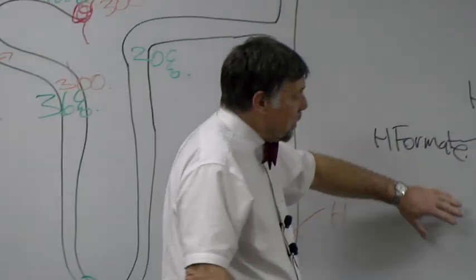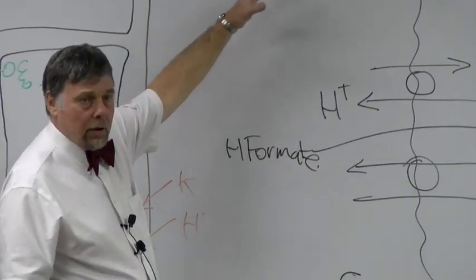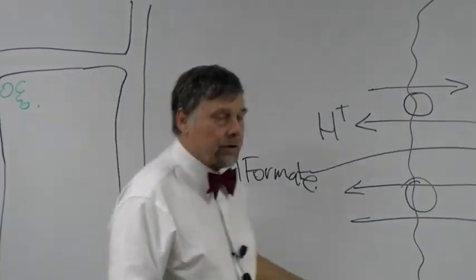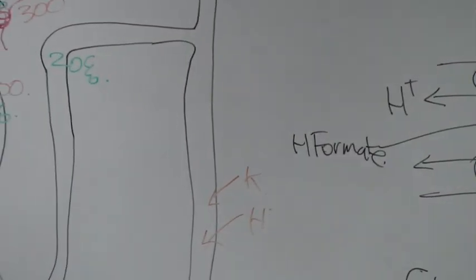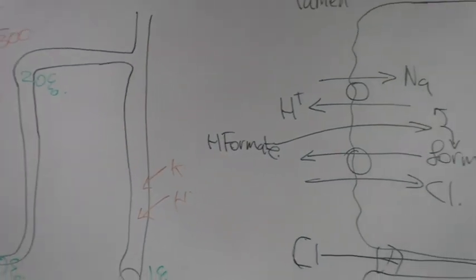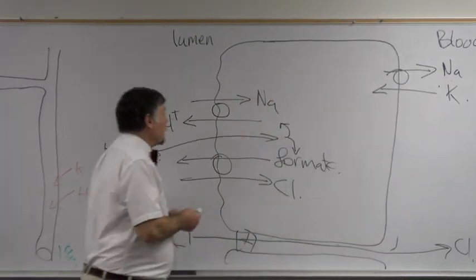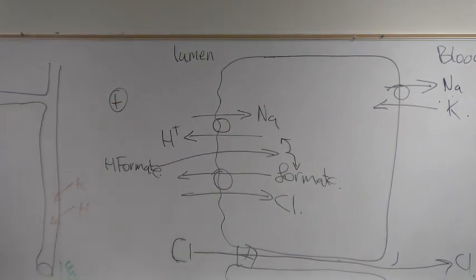And it kind of makes sense because remember that we hadn't reabsorbed much chloride up to this point, and so the chloride levels may be high, and this could be a passive process. Okay? What this does is, as this negative ion moves from here to here, it tends to generate a positive potential over here. Not a big one, but a small one.